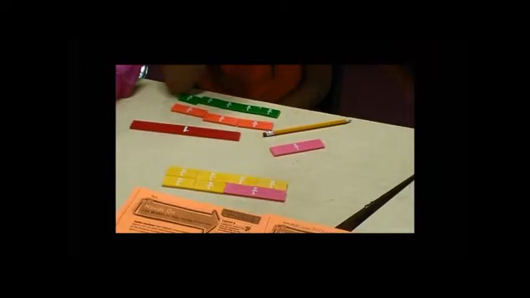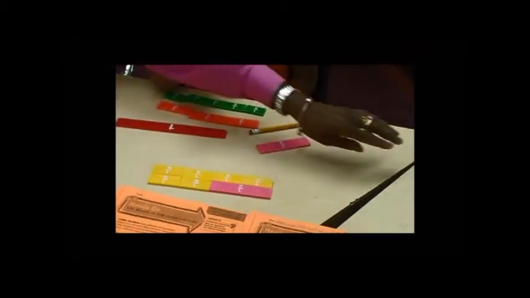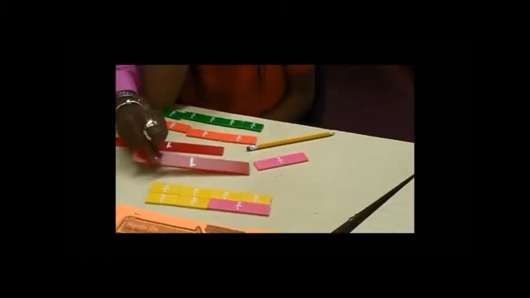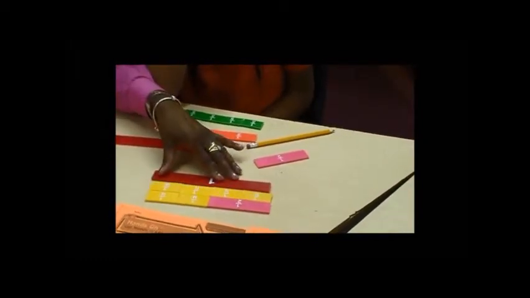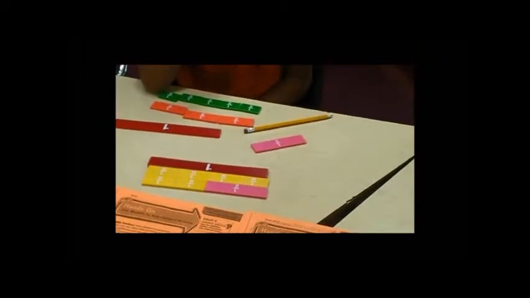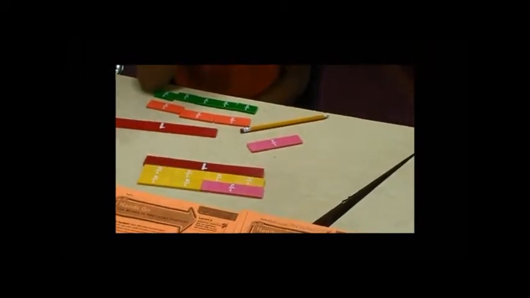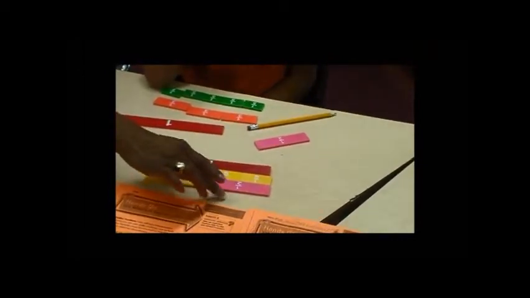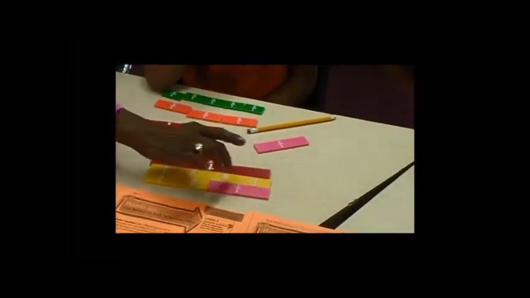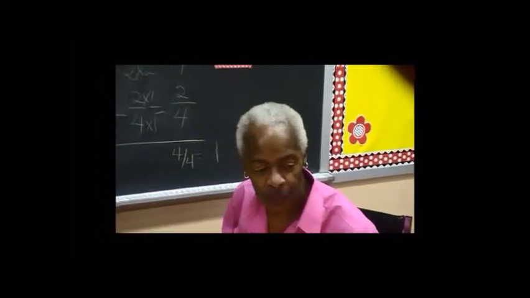So 1/2 plus 2/4 equals what? 4/4. And 4/4 equals what? 1. That's where the 1/2 comes in. You see it? 1/2 plus 2/4 equals 1, 2, 3, 4/4. Is that what you told me here? Yeah. And that equals 1, and there's your 1/2.